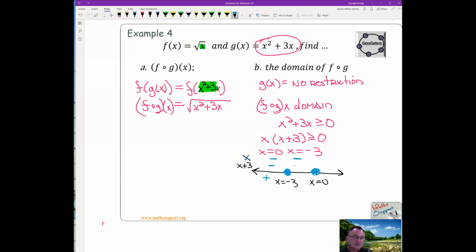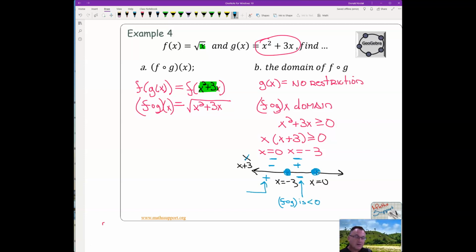If I plug -1 into x plus 3, I get a positive. So that's telling me that my graph is less than 0 here, my composite is less than 0 because of the negative.